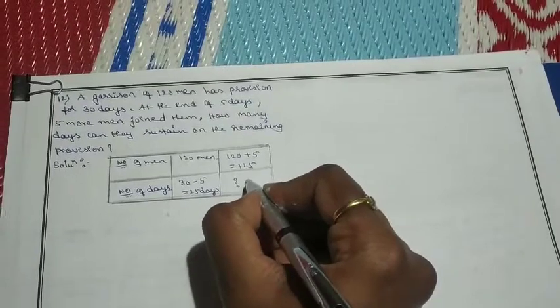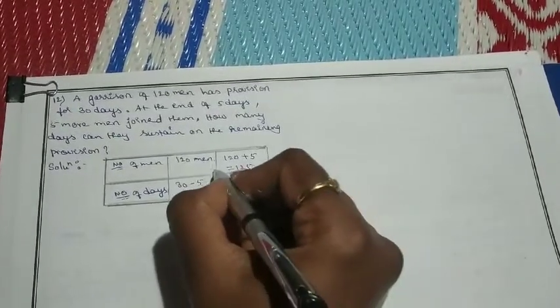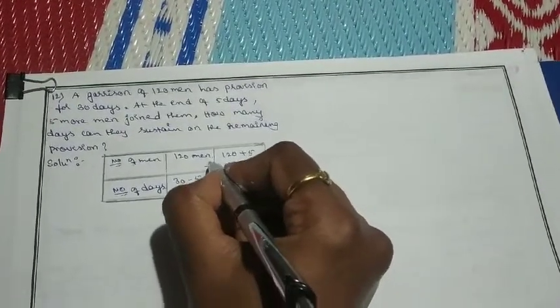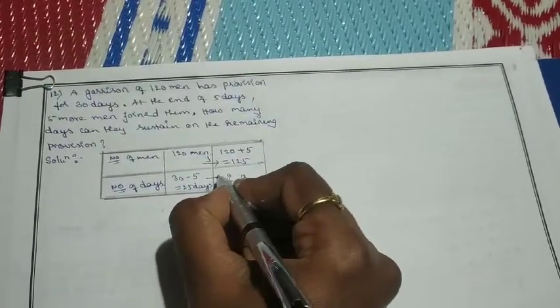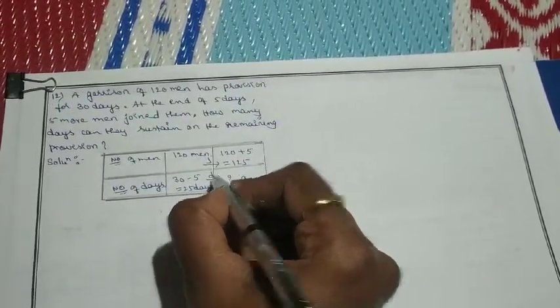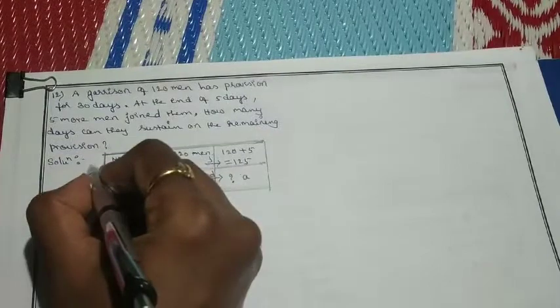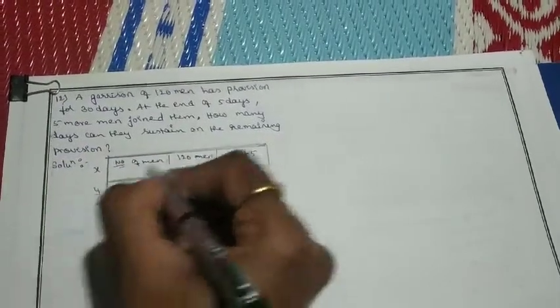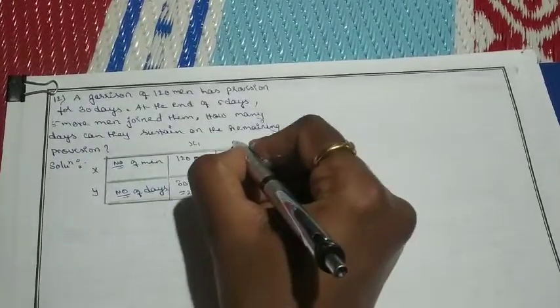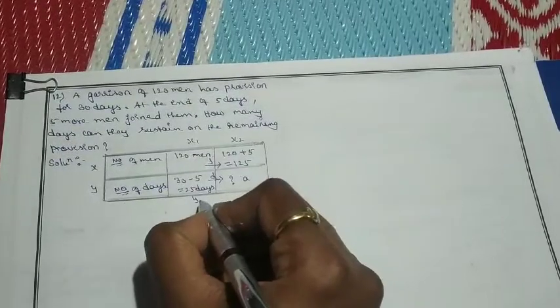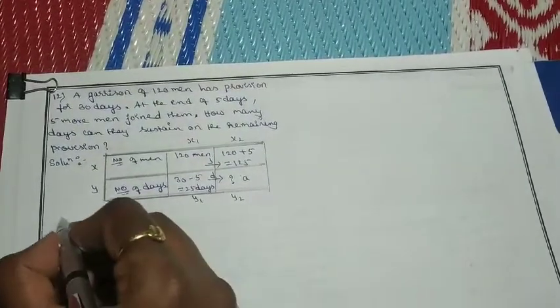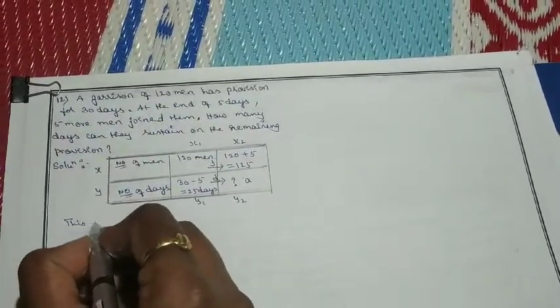So the number of days, let me take it as A. Here the number of men increases and the number of days decreases, so this will be the case of inverse variation. x1, x2, y1, y2.